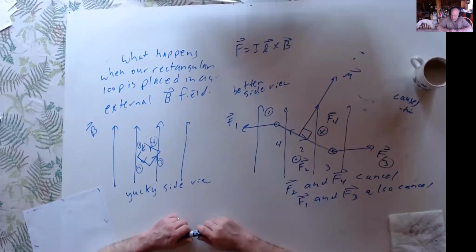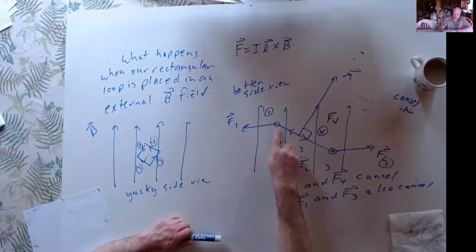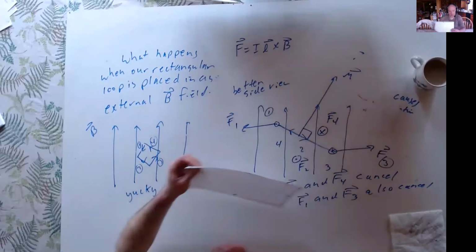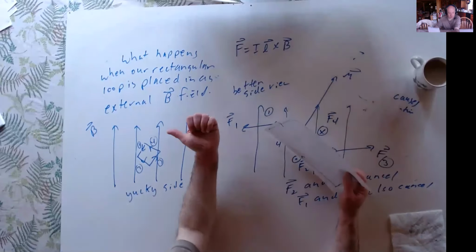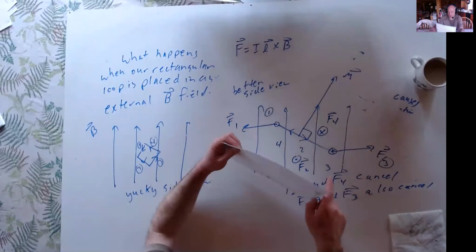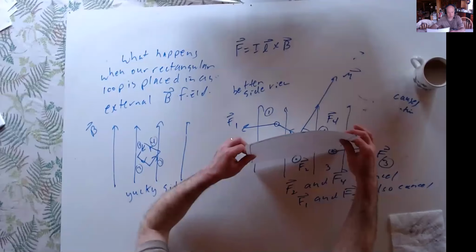They cancel, but what do force 1 and force 3 do that forces 2 and 4 don't? Yes, they supply a torque. You can see right here that 1 and 3 supply a torque, but 2 and 4 won't. The force on this side here is pulling to the left, and the force on this side over here is pointing to the right. So it's going to go like that and try to align it.